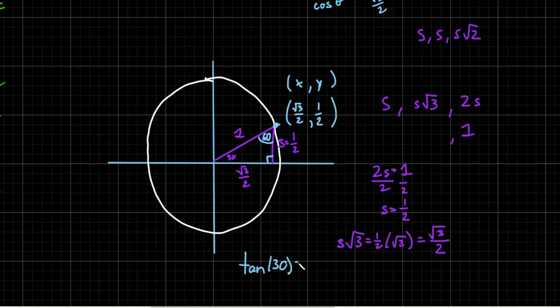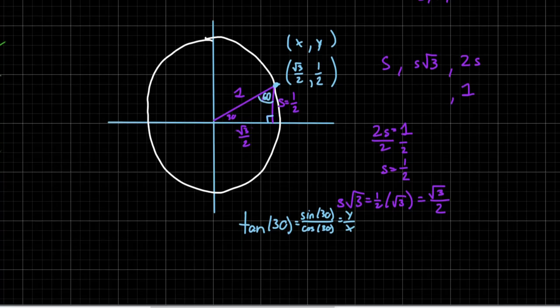Tangent of 30 degrees is the same as sine of 30 degrees over cosine of 30 degrees, which is our y over our x. What's our y coordinate? 1/2. Yep. What is our x coordinate?